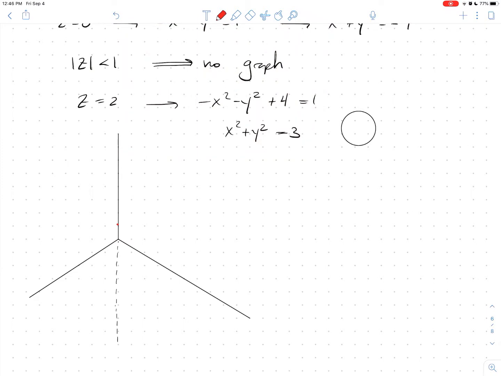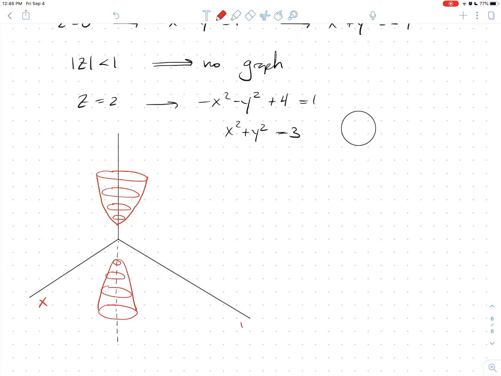Then there's a point, and then you begin to get larger and larger circles the more you go up. And then the same thing on this side, a space where nothing happens, and then larger and larger circles. That gives us a sense that the graph should look like this, and that's actually very much what it looks like.